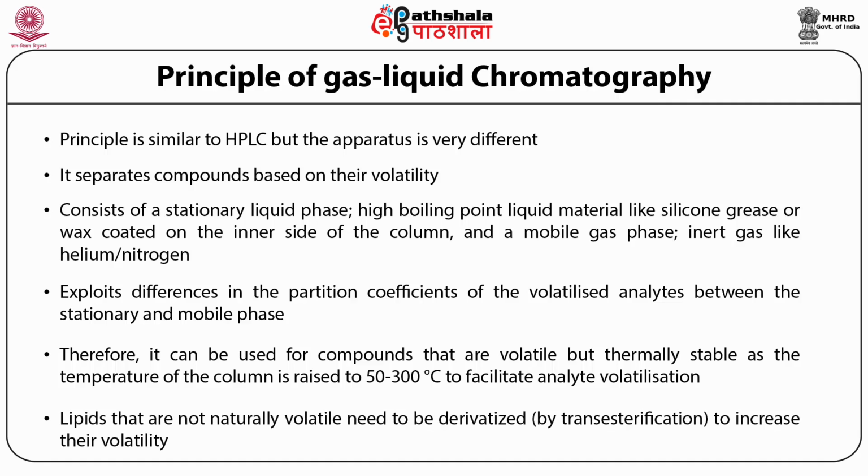Lipids that are naturally volatile will become volatile when the temperature of the column is increased to about 300 degrees Celsius and will be carried by the inert gas out of the column, while lipids that are not naturally volatile need to be derivatized first. There are different derivatization processes. One such process is transesterification. So you derivatize the lipids prior to injecting them into the column to increase their volatility.